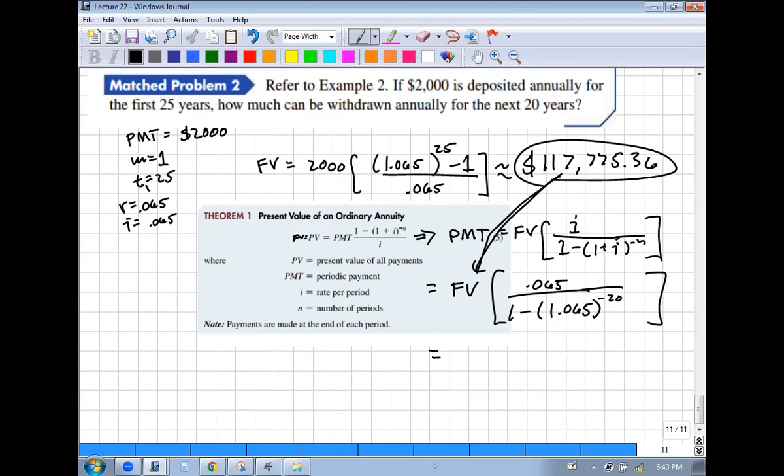Right? 117775.36 times 0.065 divided by 1 minus 1.065 to the negative 20th power.